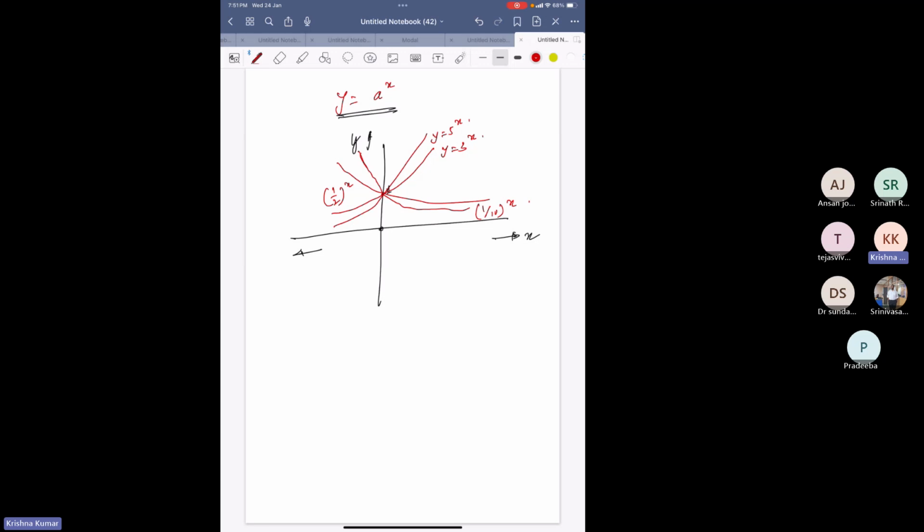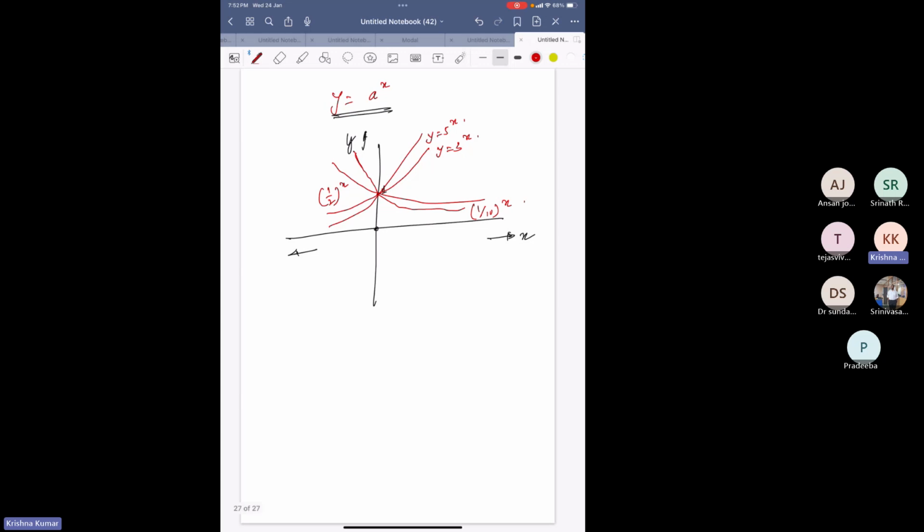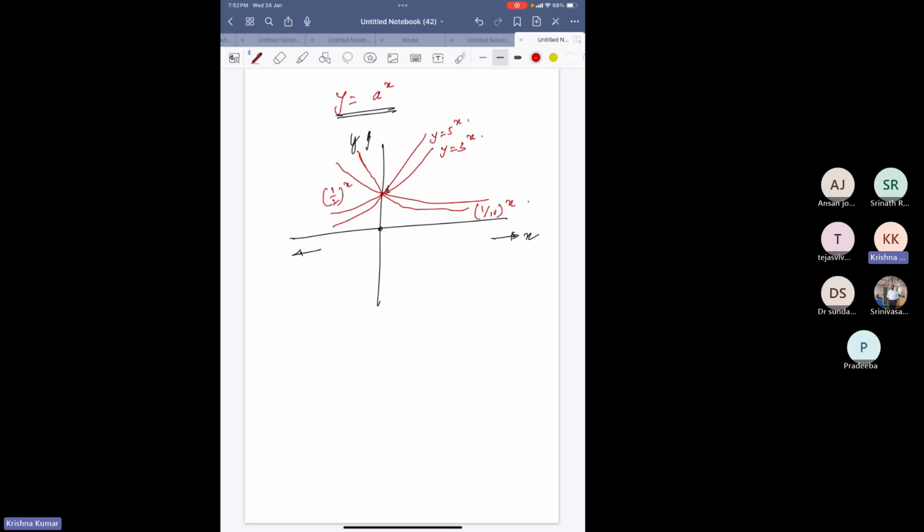You would notice that depending upon a, there is a clear difference in its behavior. When a is less than 1, it drops from high value to low value. And when a is greater than 1, from a low value, it increases to a high value. Is that clear? You can draw it yourself and you can see it.